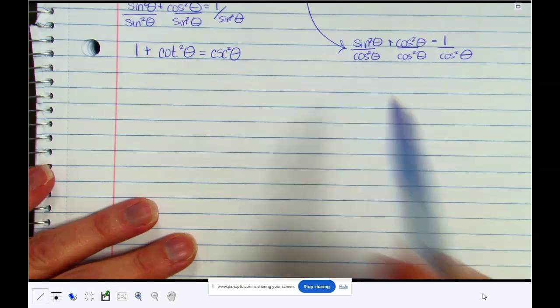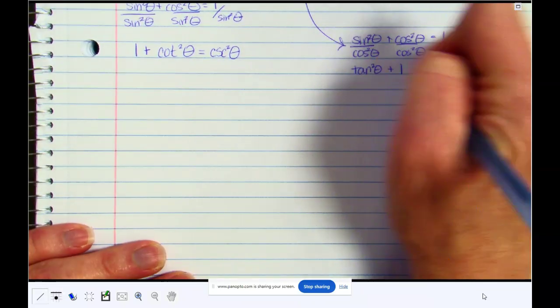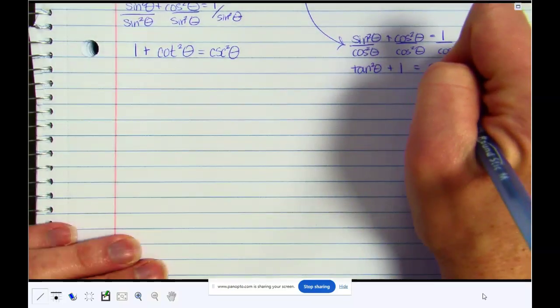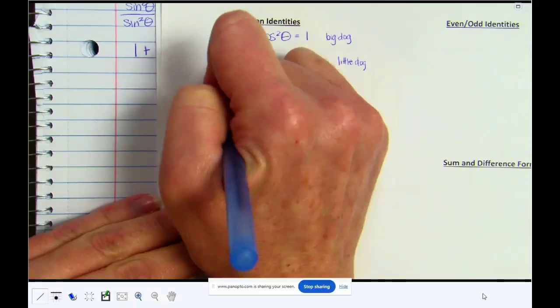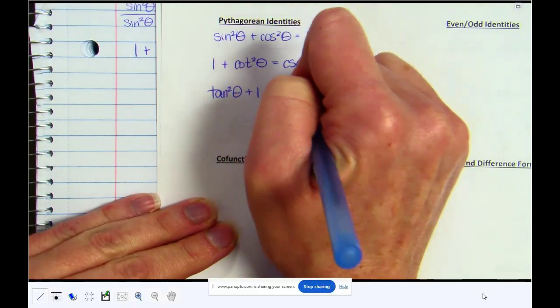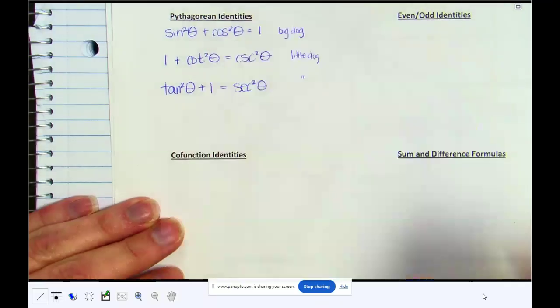This is tangent squared. Yep. And a 1. Very good. Okay, again, you do not have to come up with these, but you have to use them. Also a little dog.